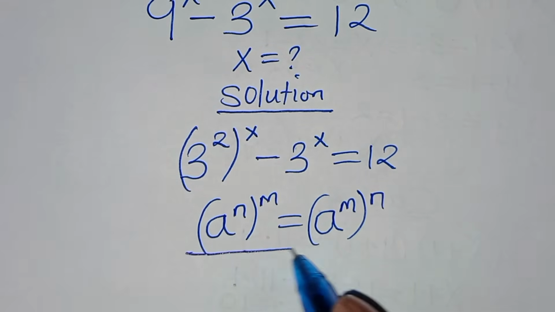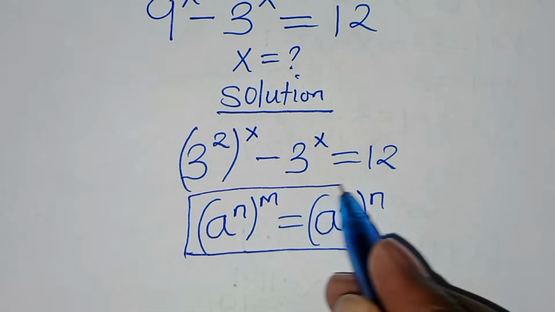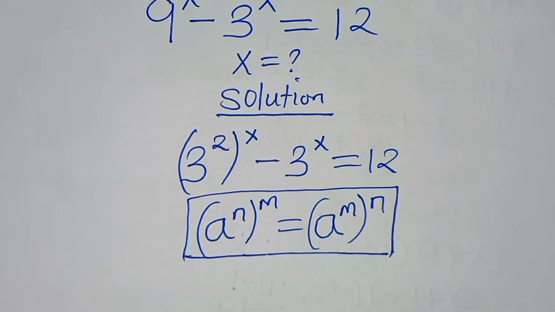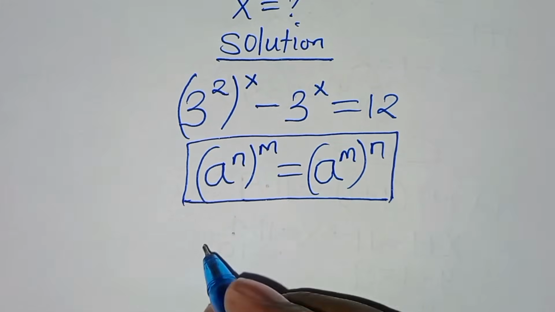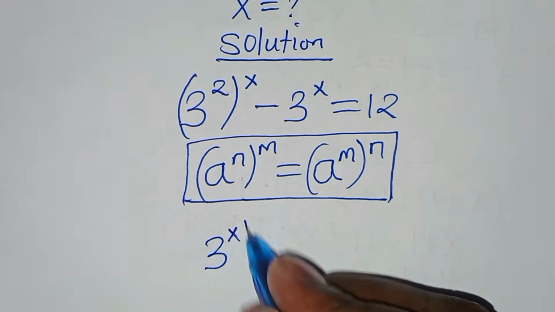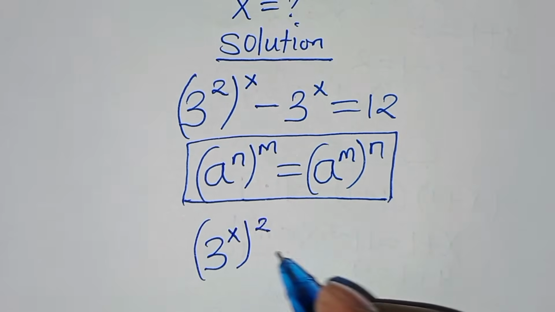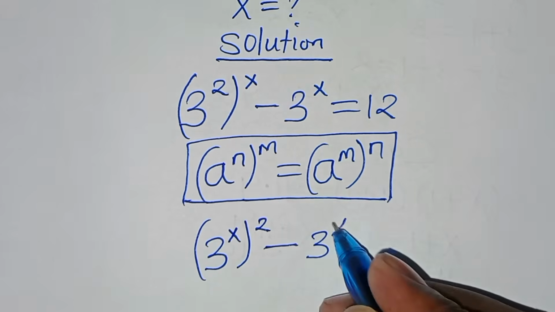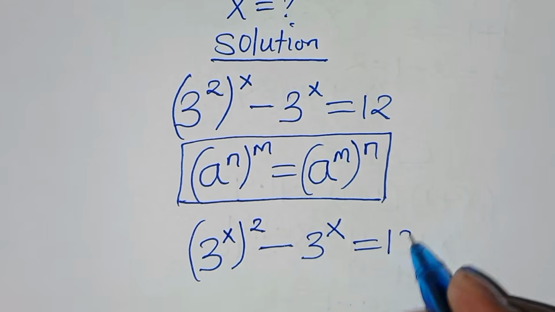So let's apply this exponent property so that now we'll have here 3 raised to power x raised to power 2, subtract 3 to power x, this is equal to 12.